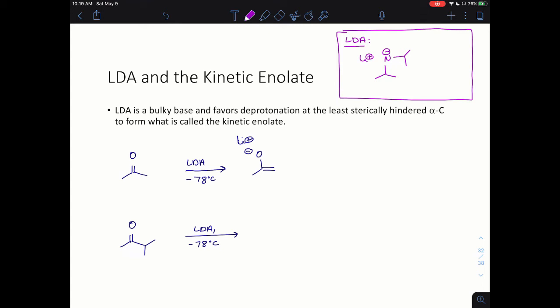Now, acetone is an example of a symmetrical ketone where the alpha carbons are exactly the same. But we can think about what would happen if we had a ketone with two different alpha carbons. And we know that under thermodynamic conditions, such as if you had an alkoxide base, you would observe the thermodynamic enolate, the most stable enolate.